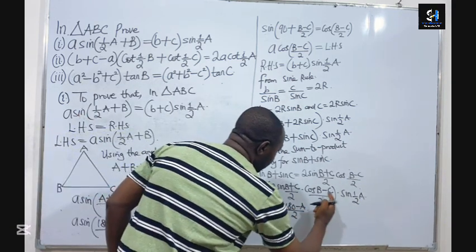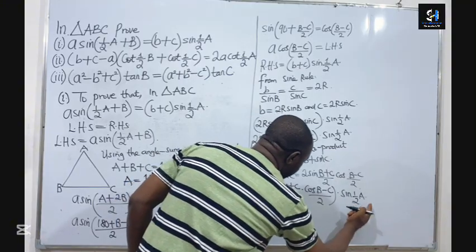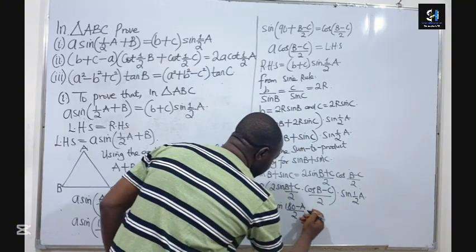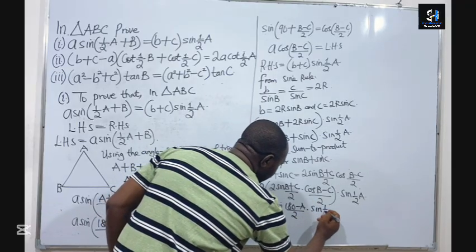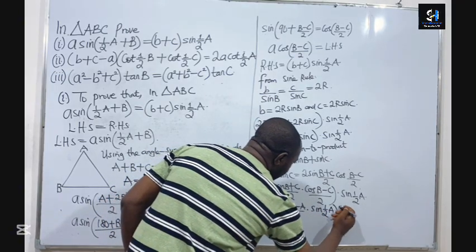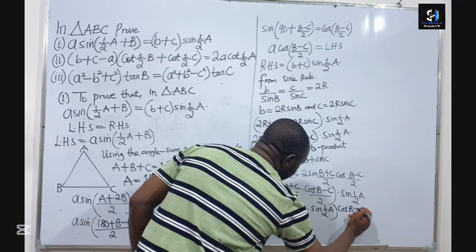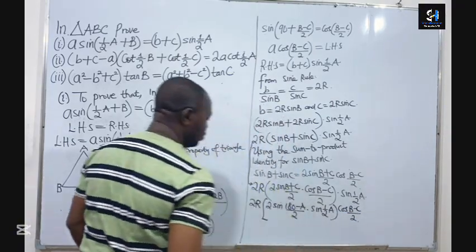Then I'm going to take this outside and bring this inside the parentheses, so this will be sine 1/2 of A, then multiplied by cos of (B minus C) over 2.